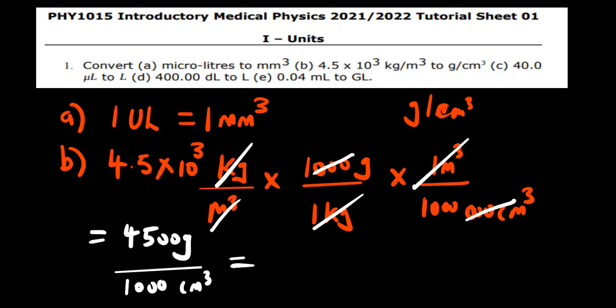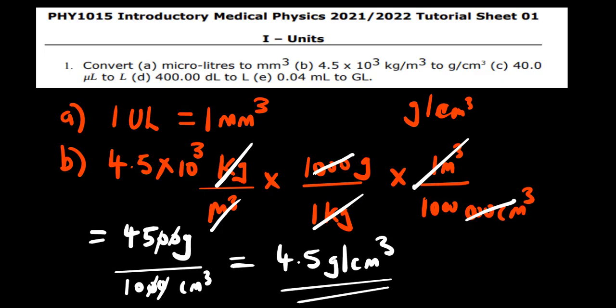Now we can divide. The 2 zeros can cancel, then 45 divided by 10 will just give me 4.5. Now it's grams per centimeter cubed, and we have converted to those units. So now let's solve C.